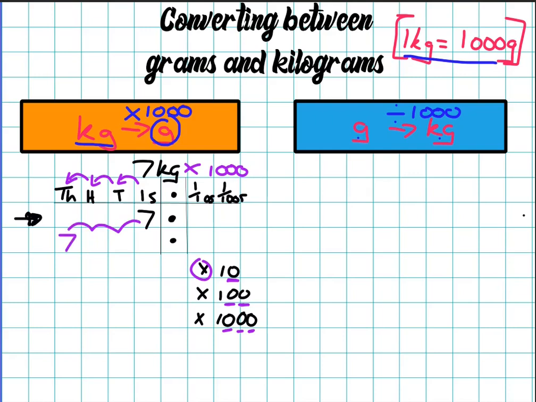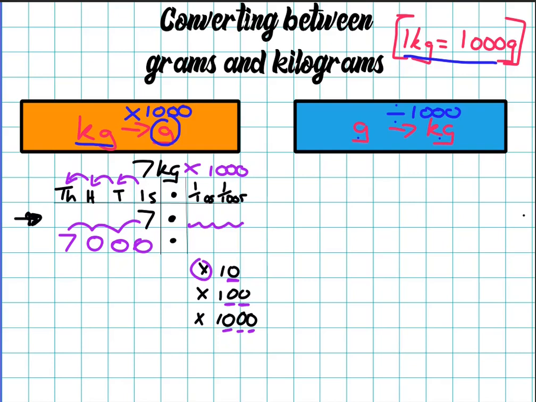We're not allowed to leave those blank. Because my number didn't have any digits in the tenths or the hundreds column, I don't have to put anything in these. It's got nothing left in there. 7 kilograms, 7,000.